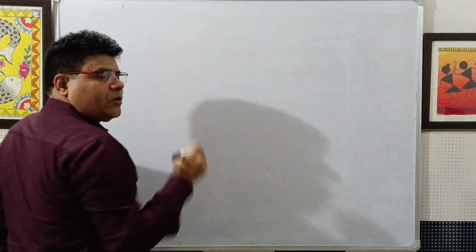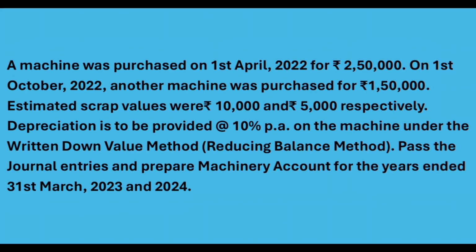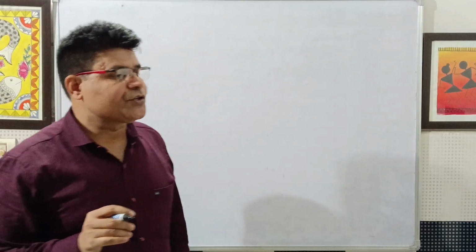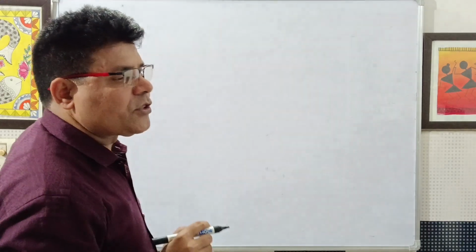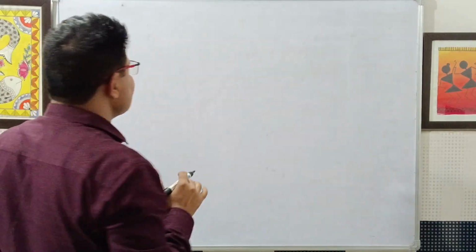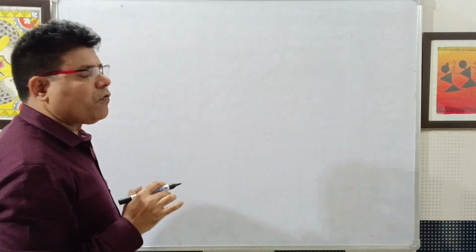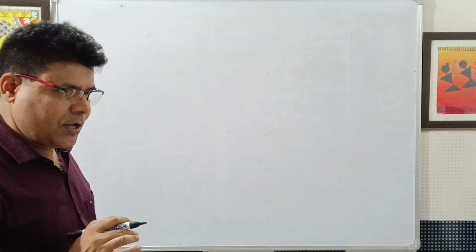So the question is: a machine was purchased on 1st April 2022 for rupees 2,50,000. On 1st October 2022 another machine was purchased for rupees 1,50,000.